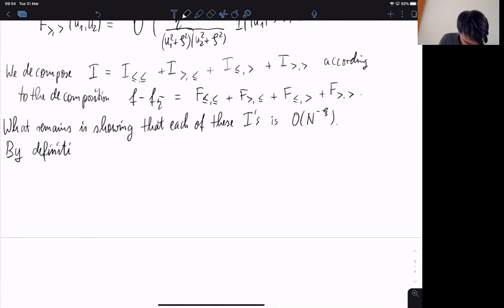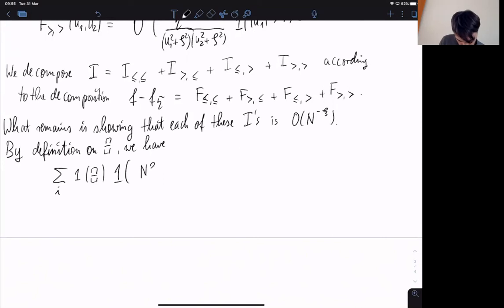By definition of xi, we have the following: I take the characteristic function and then I sum up over all eigenvalues such that in their rescaling they are smaller than the zeta.